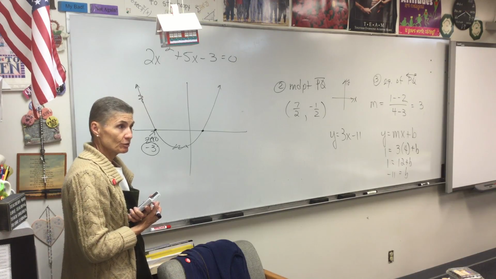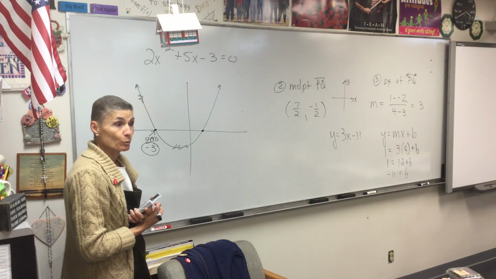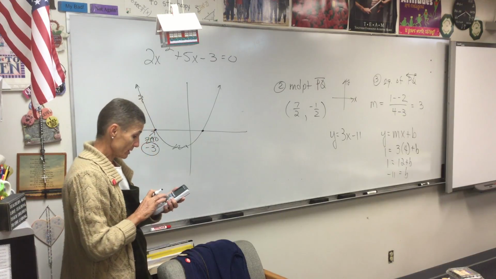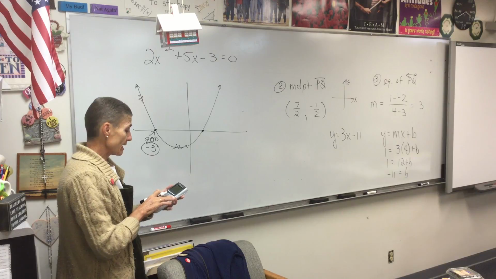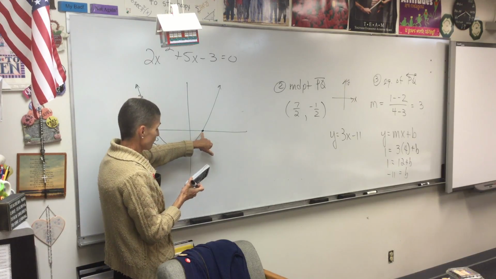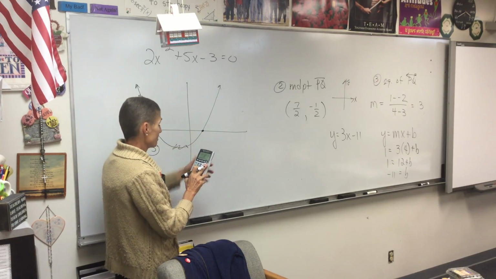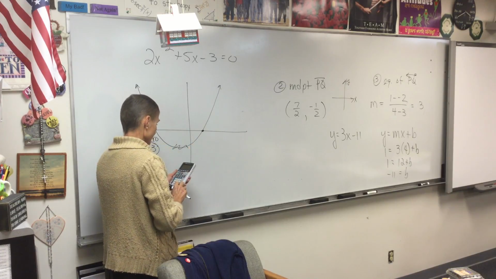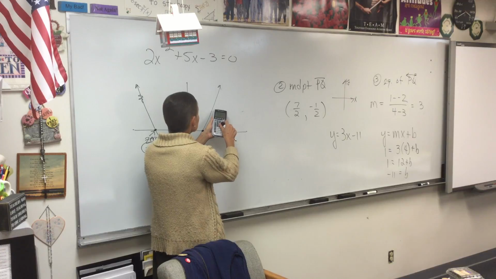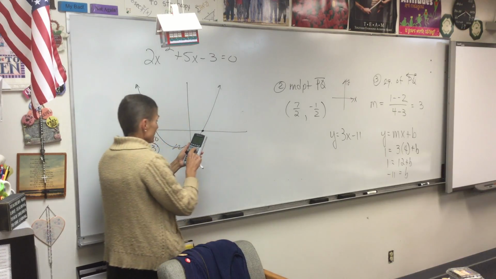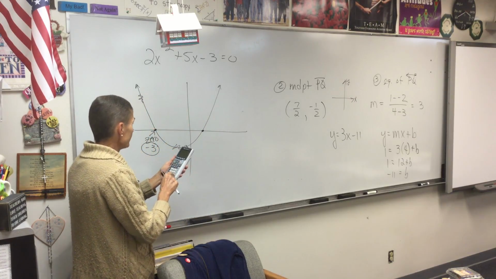Now what do we have to do? Repeat and find the other one. So back to second calc, 0, and now your left bound and right bound are going to be around this point. So I'm moving my cursor over here, and now I'm moving it over here, and now I'm moving it onto the point.